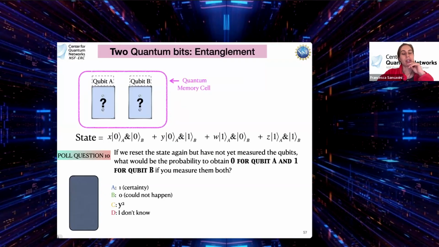Now, the question here is, if we reset the state again, and we measure both qubits, what is the probability to obtain 0 for qubit A and 1 for qubit B? Is it 1, so is it a certainty? Is it 0, or is it y squared? Thank you, Belisha.